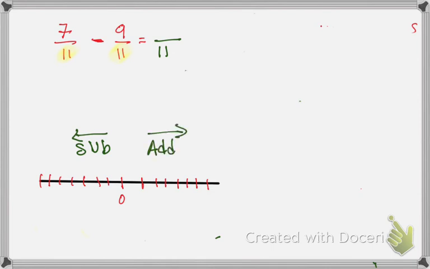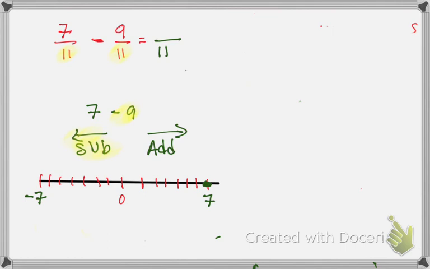So we first start off at 7. So 7 is going to be over here. And this is -7. Minus 9. So that means I'm going to go to the left by 9 because I'm subtracting.